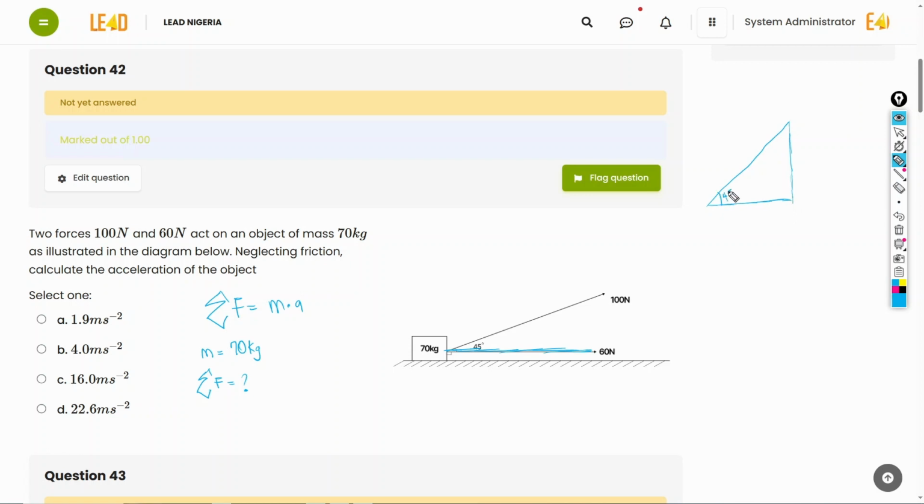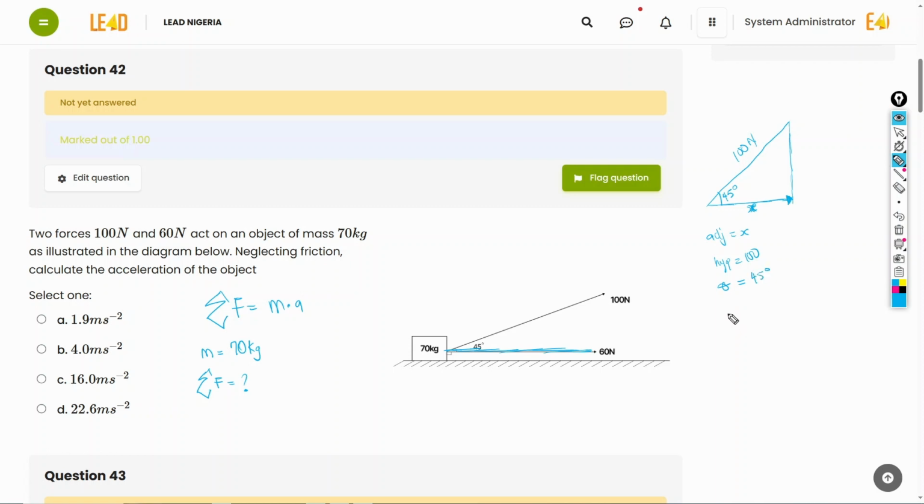This is 45 degrees and 100 newtons, and we need to find the horizontal component. x is your adjacent, 100 is your hypotenuse, and your angle theta is 45 degrees.